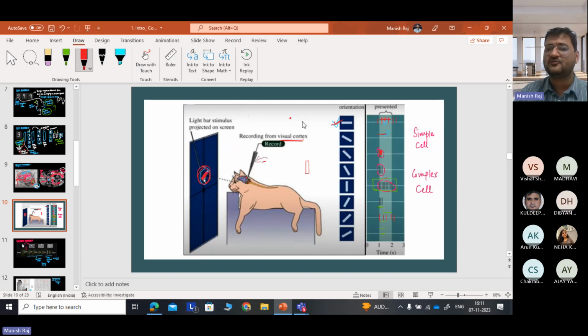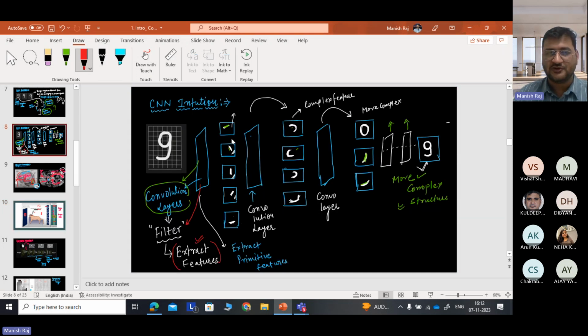Every node is working for a different type of pattern. Okay, so they can use this as a neural network. Or you can see, already I have told you, this is slant, this is vertical. Okay, this is vertical, this is this thing. So again and again, you can see some signal is coming here, some signal is coming here. So if we can club these signals, some pattern you can generate.